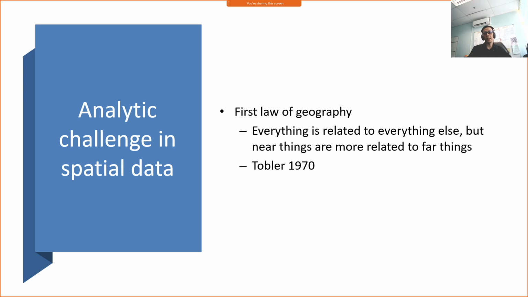We can discuss that later, right? So we need to have a special or specific analysis to handle this dependency, spatial dependency. We can do some form of linear regression, some form of logistic regression, but that linear and logistic regression must take into consideration spatial dependency.